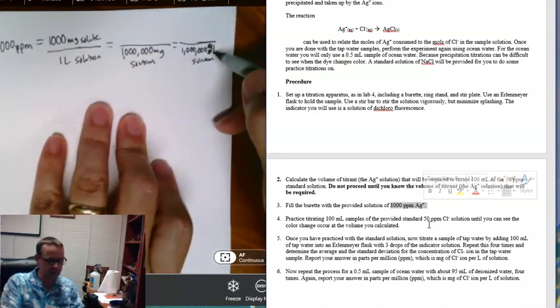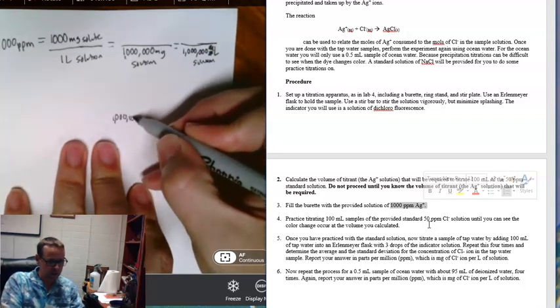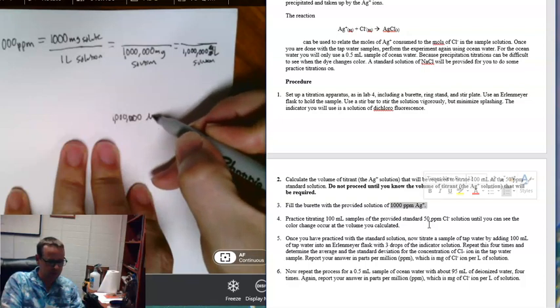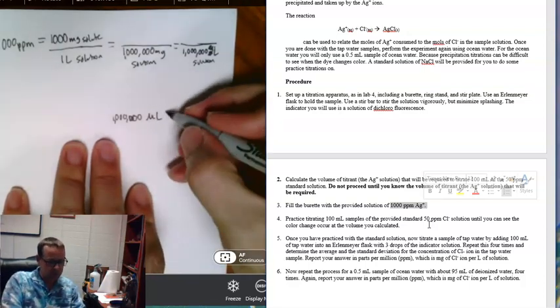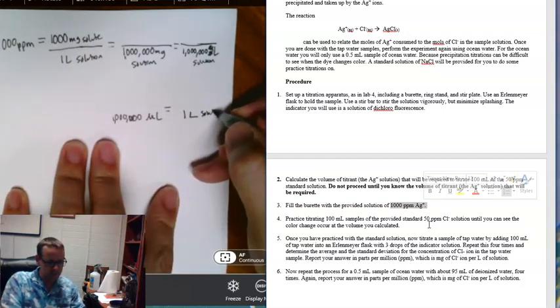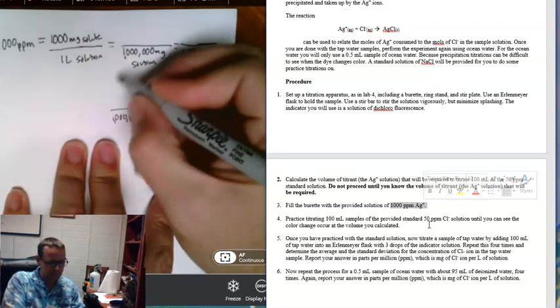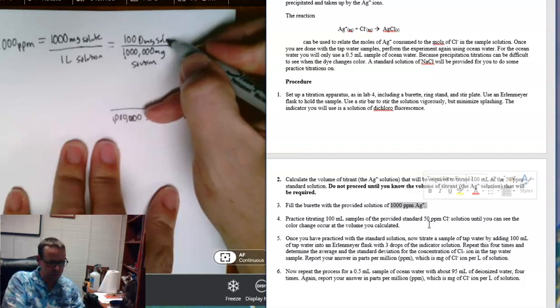And a million microliters, that mu is how you make the micro, that's equal to 1 liter of solution. Okay? So again, these are still over 1,000 milligrams of solute.